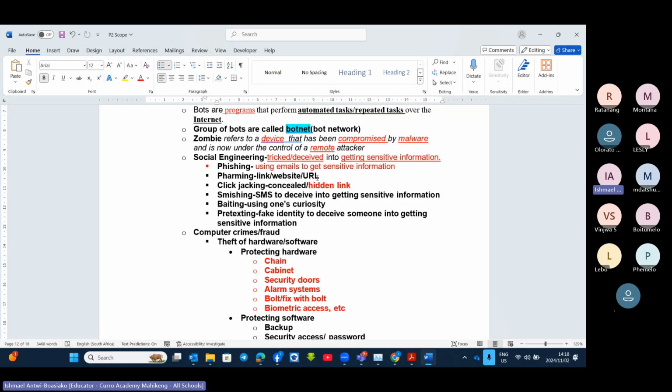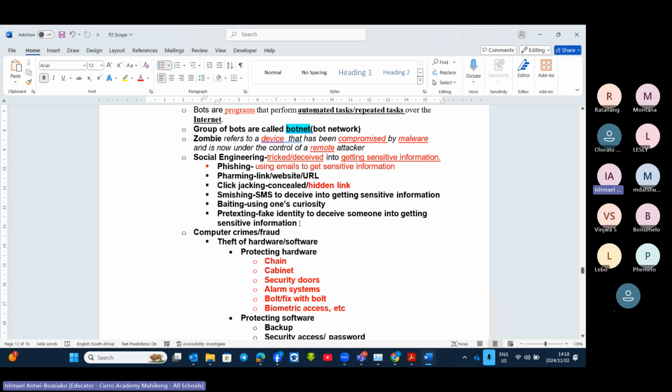And finally, phishing is using an email message to deceive someone. All these are part of social engineering.